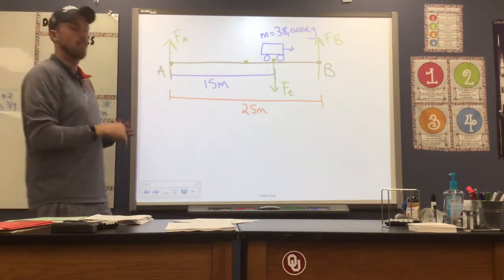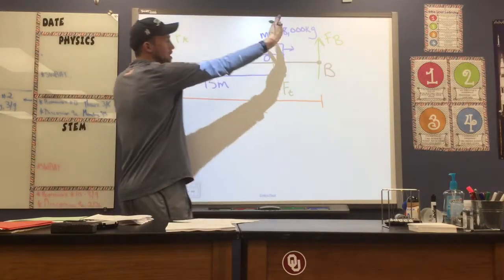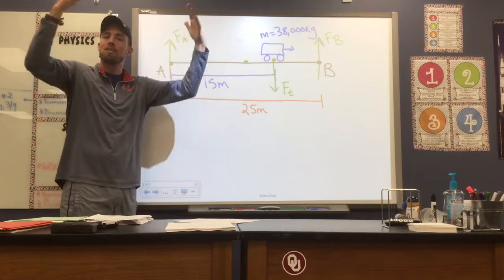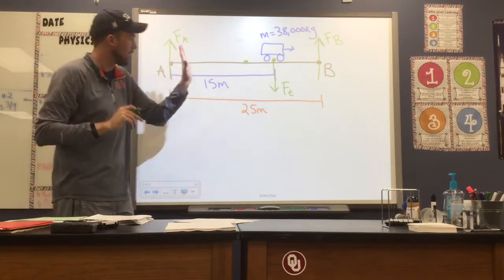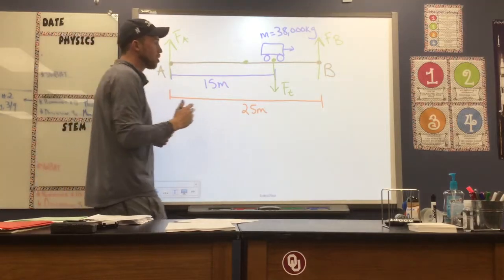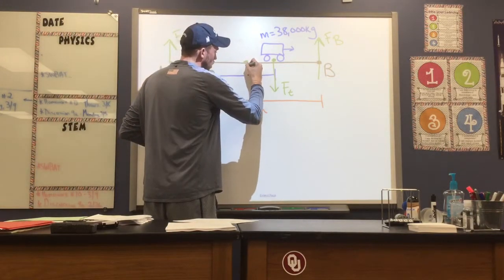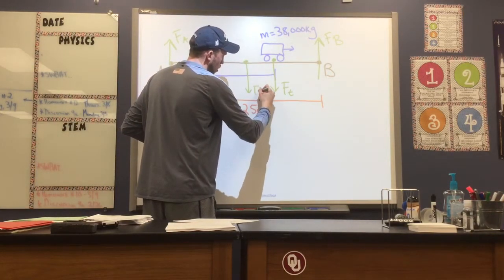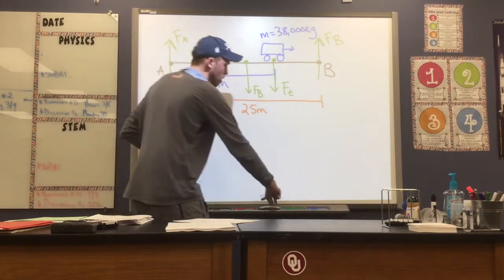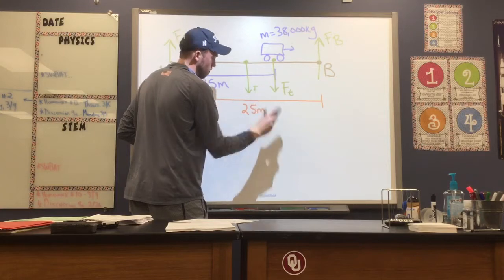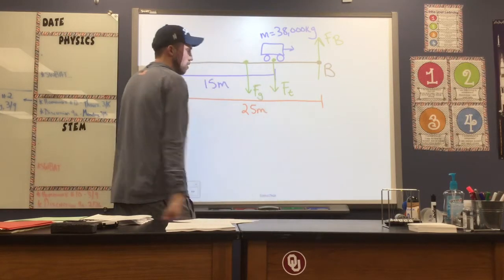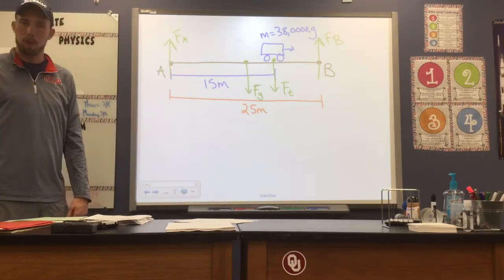And we can assume that means we have an even distribution of mass on either side of that center point. Think back to the lab we did with the hanging meter sticks. The idea was that we had about an even amount of mass on either side. So I'm going to call this force the force of the bridge. Well, we already have an FB, so we'll call this just FG. It's a force of gravity acting on the bridge.